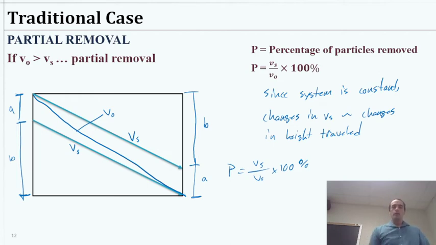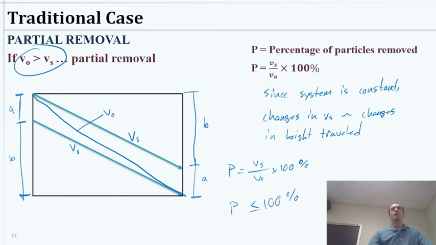Okay, and by the way, we are assuming that VS is lower than V naught, because we can't have more than 100% of particles removed, so P is always less than or equal to 100%, right?